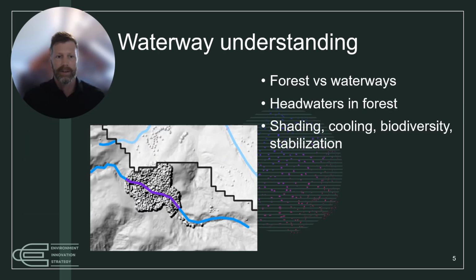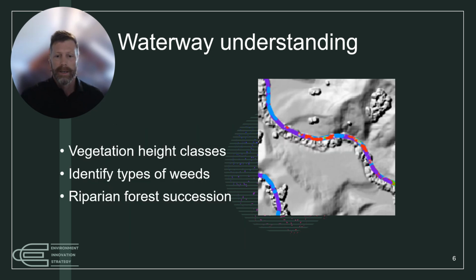Now, if we look at this sort of waterway understanding, we can use it in lots of different applications. So we can understand where we've got forest around our waterways. Obviously, they're very good for shading, cooling, biodiversity, stabilizing riverbanks. And we can understand where we've got headwaters in forests as well, for flood mitigation and other really useful tools.